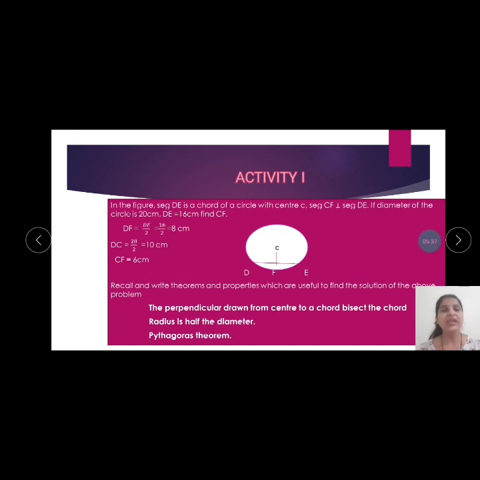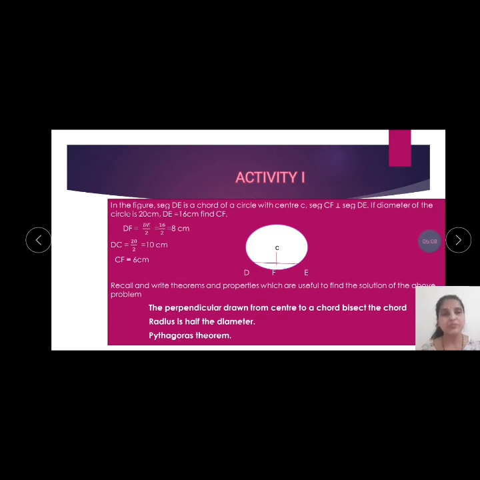Now here we have to calculate CF. So CF square will be equal to DC square minus DF square, right? DC is 10, so square of that will be 100, and DF is 8, so square of that will be 64. 100 minus 64 will give me 36. So CF square is 36, so CF will be equal to 6 centimeter.